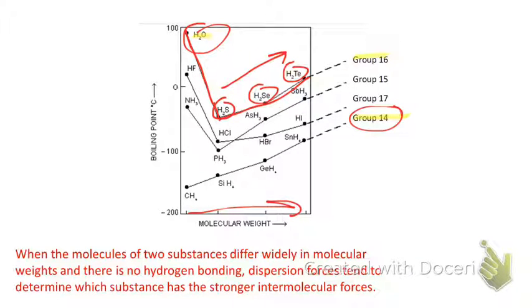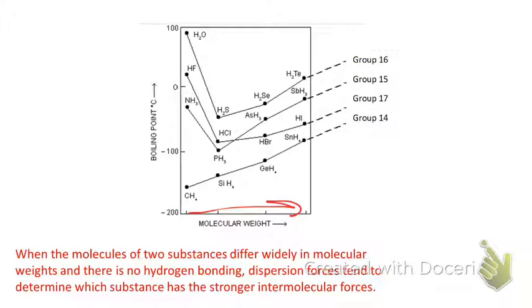We can see that with most of these other groups. So I'm going to erase this here and look at some of these other groups. For instance, HF is going to have a lower molecular weight than HCl, but yet HF has a higher boiling point than HCl. Why? Because HF hydrogen bonds. It's the same thing with NH3.